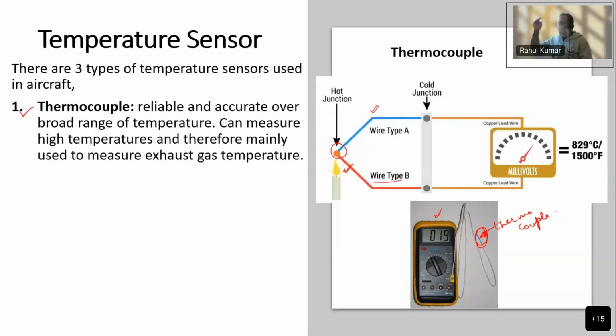Because of this hot and cold junction, some very small amount of voltage is produced between the two wires.